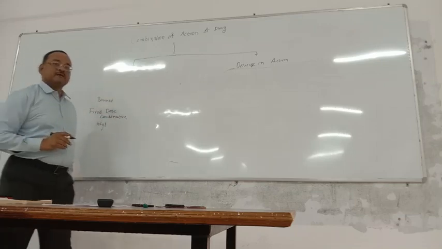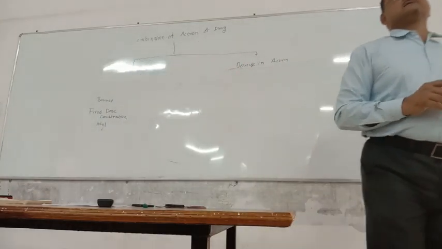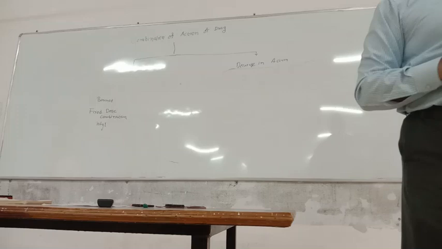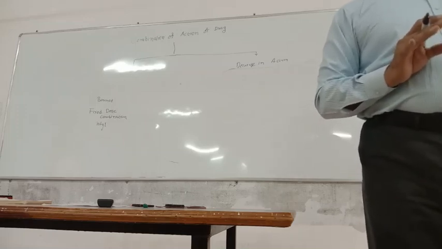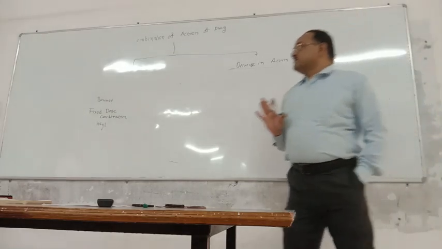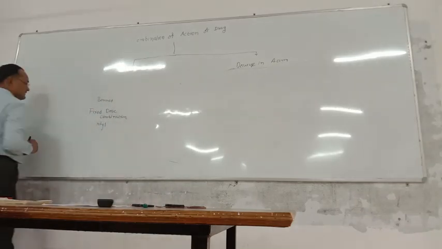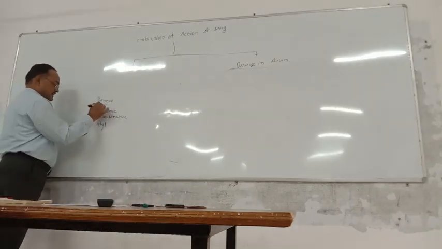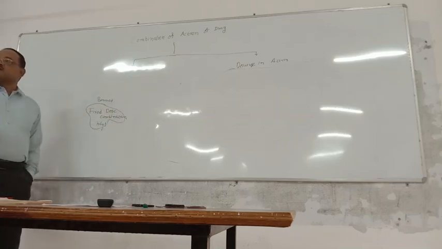Especially in humans, fixed dose combinations of many drugs are under prohibitive order or restrictive order, or it is banned. Why is it so? Why have they banned it? Because people were using these antibiotic combinations or combinations of drugs without the necessity in the patient.